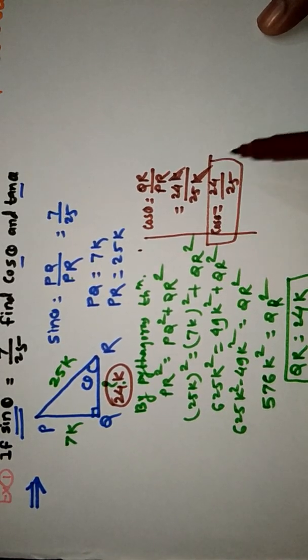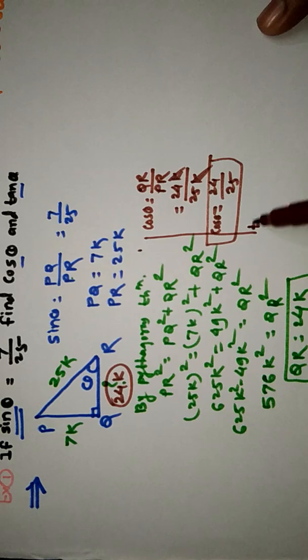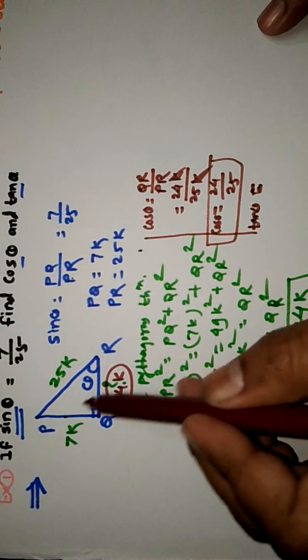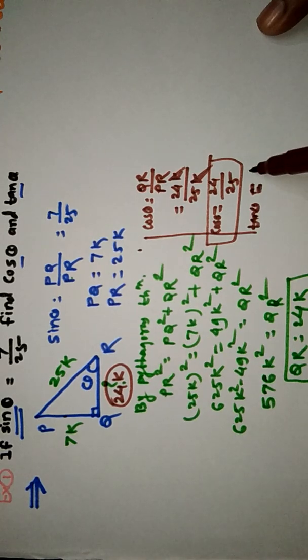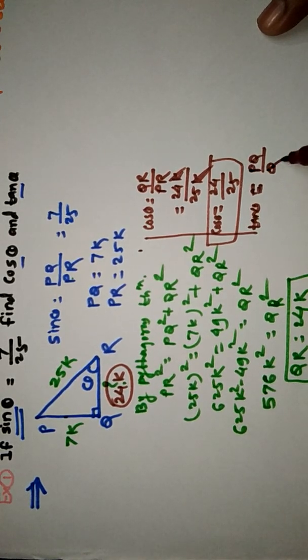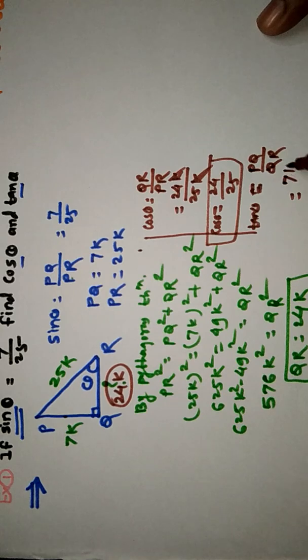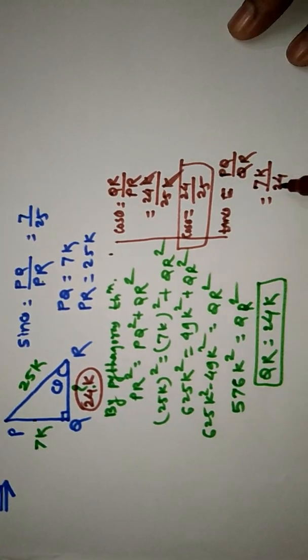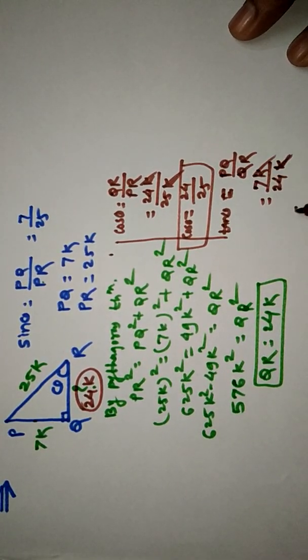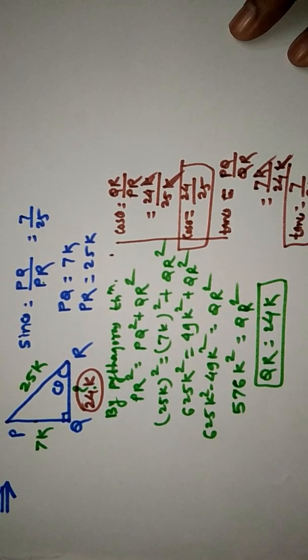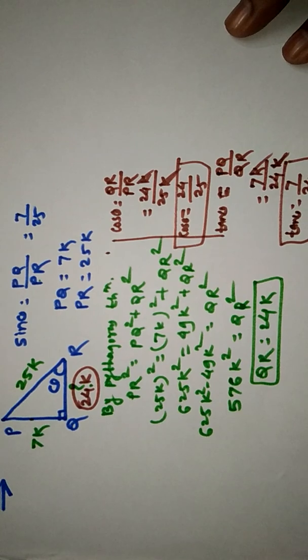This is the value of cos theta. How can we find tan theta? Tan theta is equal to, write down the definition, opposite side upon adjacent side, means PQ upon QR, means 7K upon 24K. This is cancelled and 7 upon 24 is the value of tan theta. This is example number 1.